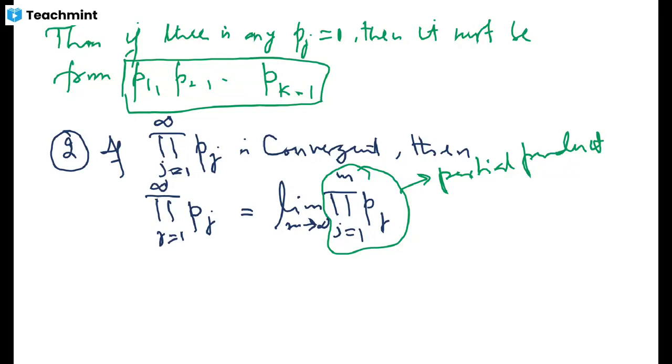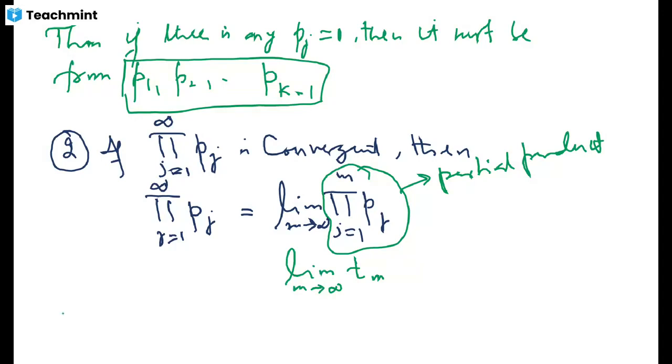If I denote it by Tm, that means the value of this infinite product, if it is convergent, is nothing but the limit of this sequence. Is it okay? Let's verify this, but be careful, the product is convergent.